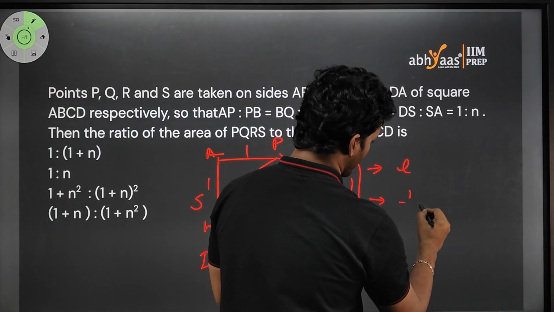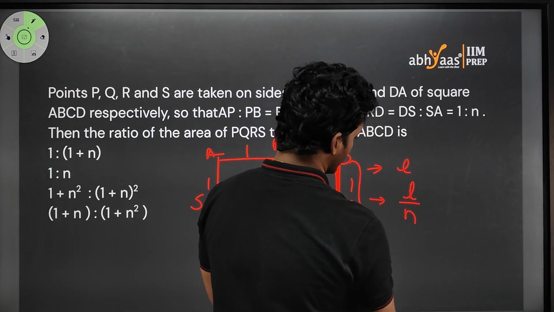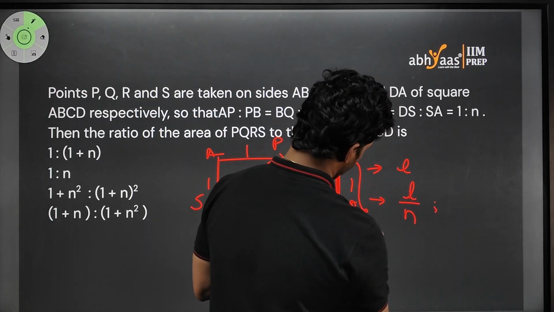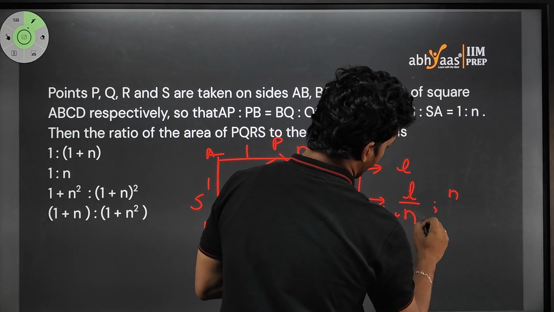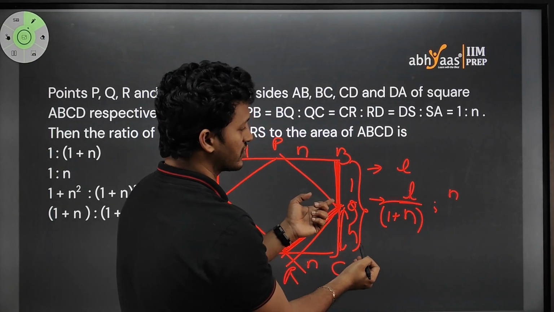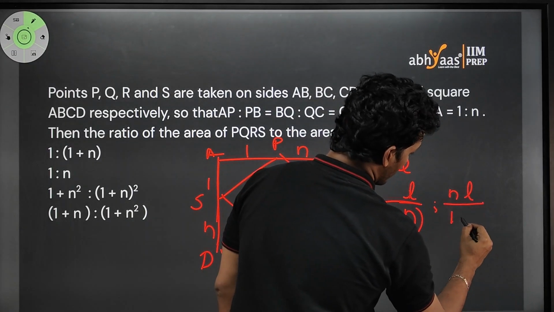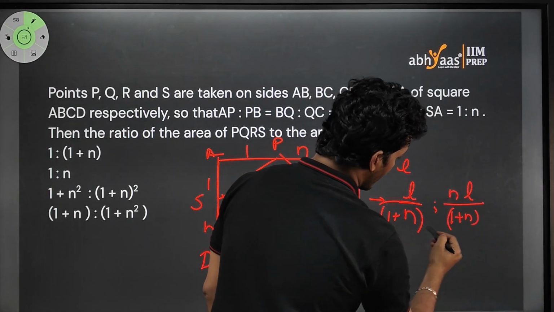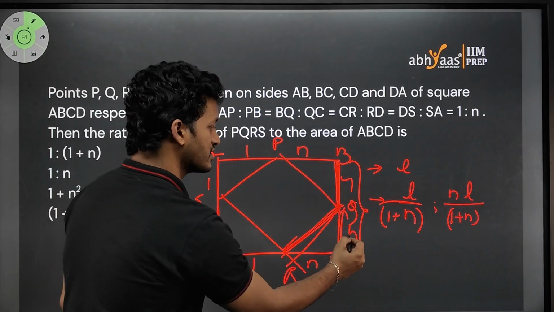So one part will be L by 1 plus n, because they are in the ratio of 1:n. They are not in n parts. So n into L by 1 plus n will be the other segment. So we got these line segments.